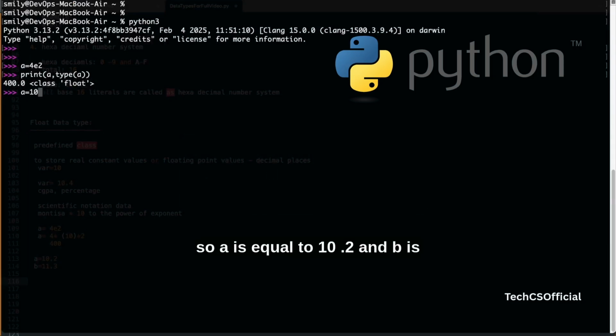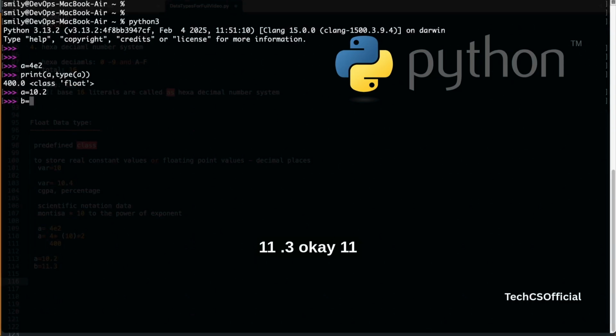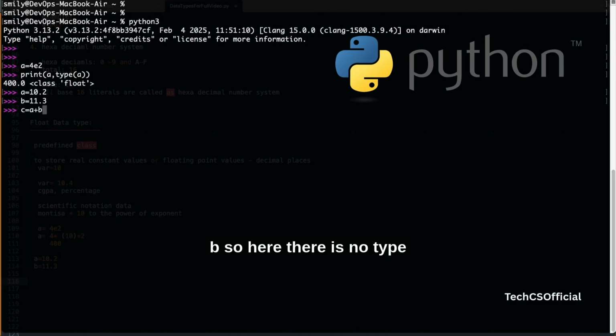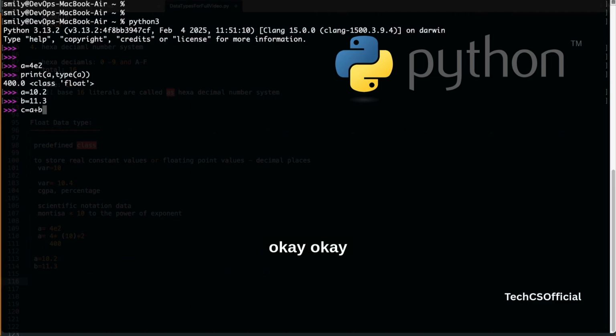So a is equal to 10.2 and b is equal to 11.3, and combining both, c is equal to a plus b. Here there is no type declaration, I mean we are not providing the data type, we are directly assigning the value to the variable. Now you can print c comma type of c.